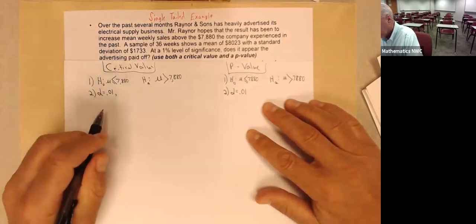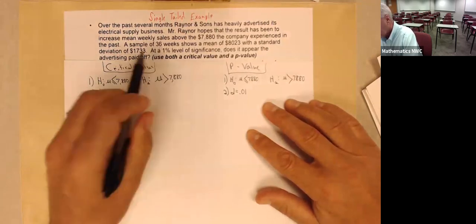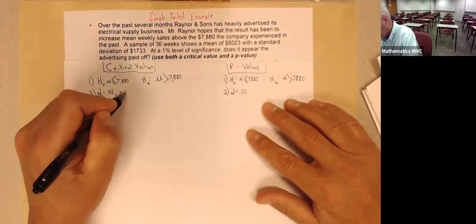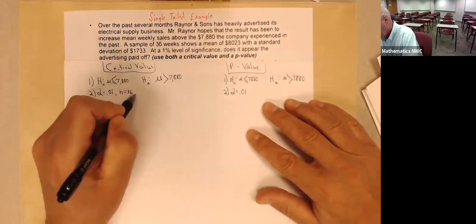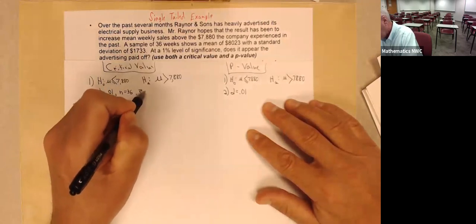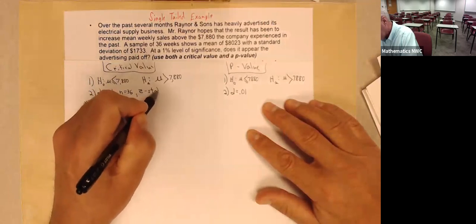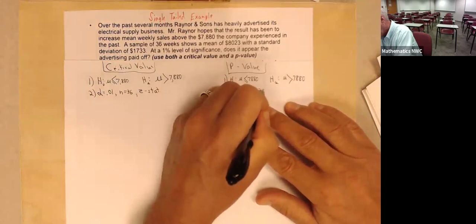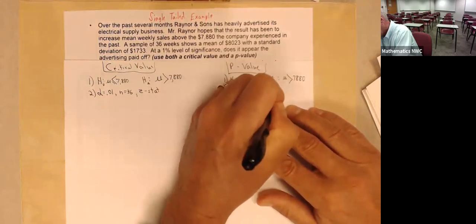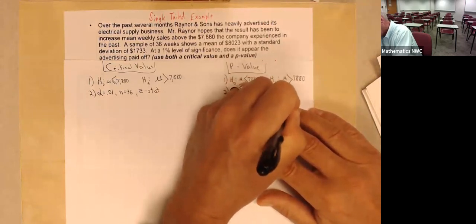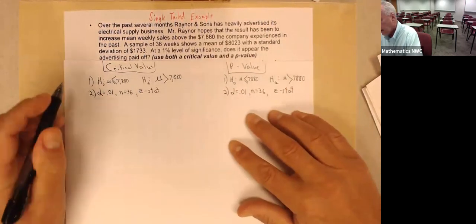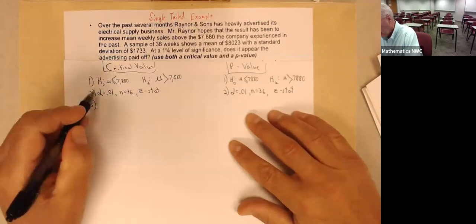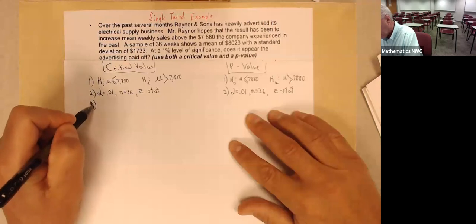Next, I list my sample size. It's a sample of 36, which is more than 30. That means I'll be using a z-stat. Step number 3, excuse me, I forgot.